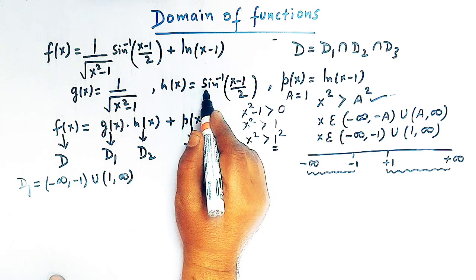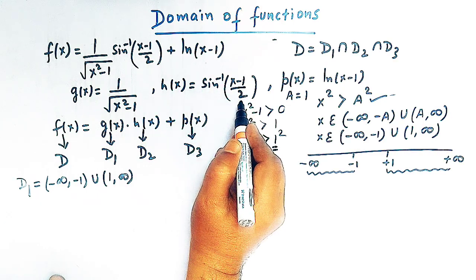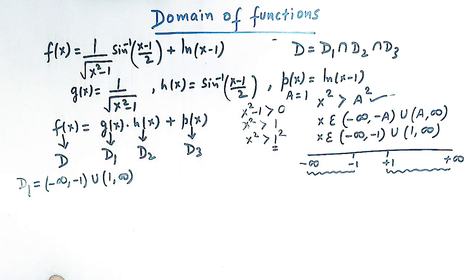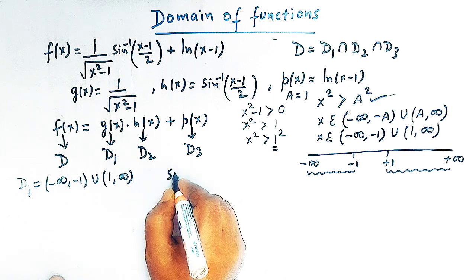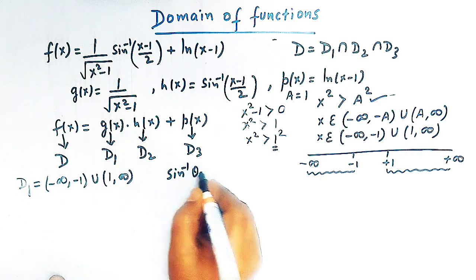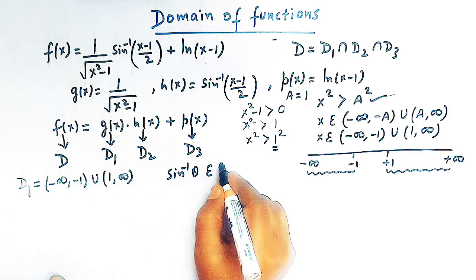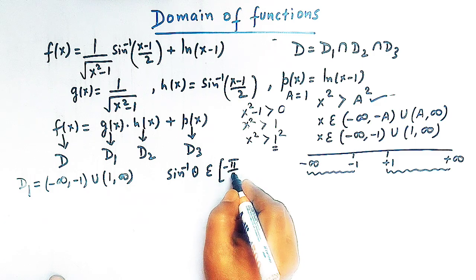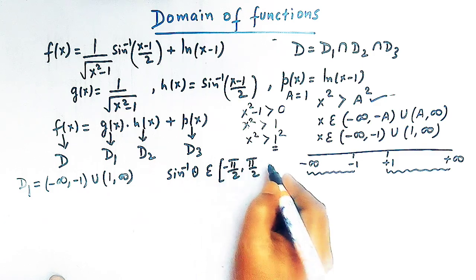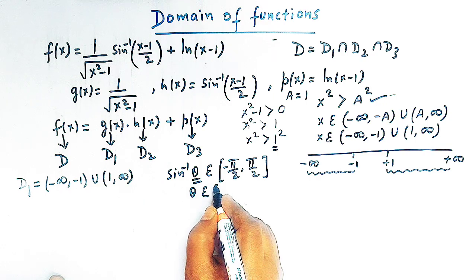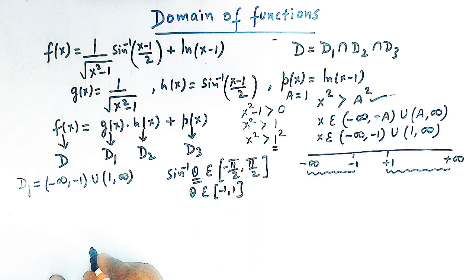So here we have the inverse sine function, that is sine inverse of (x minus 1) over 2, right? Here I will make use of the concept of the inverse trigonometric function sine inverse theta. The range of sine inverse theta belongs to the interval minus pi by 2 to pi by 2, provided theta belongs to the interval minus 1 to 1, right?